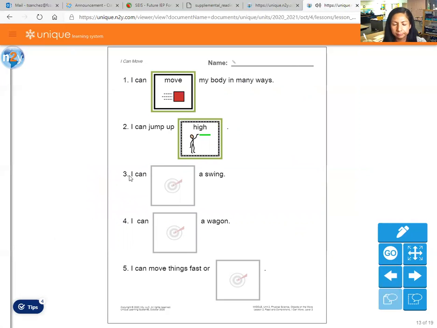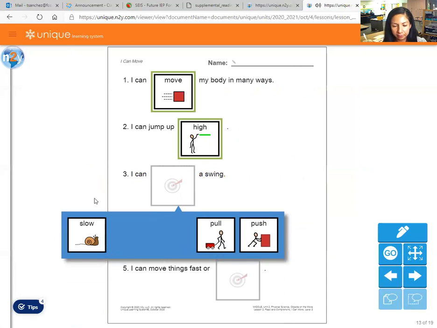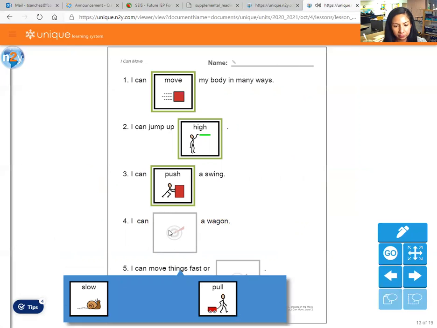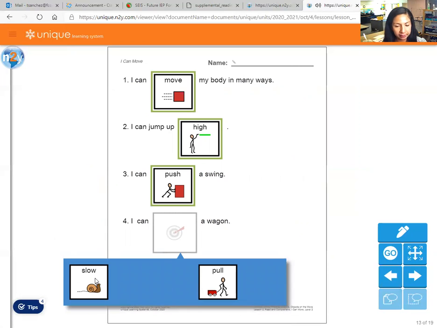High. Number 3. I can, a swing. Okay, and what did they do with the swing? Slow the swing, pull the swing, or push the swing? I can push a swing. Okay, number 4. I can, a wagon. I can what to a wagon? What did they do in the story?